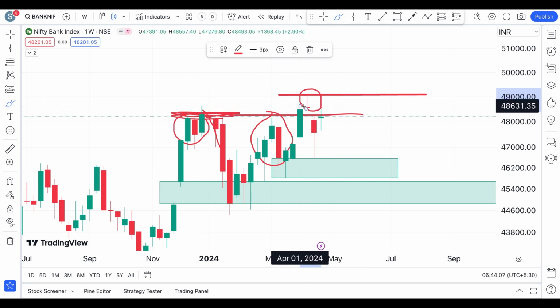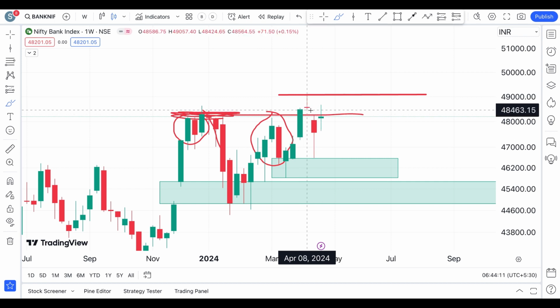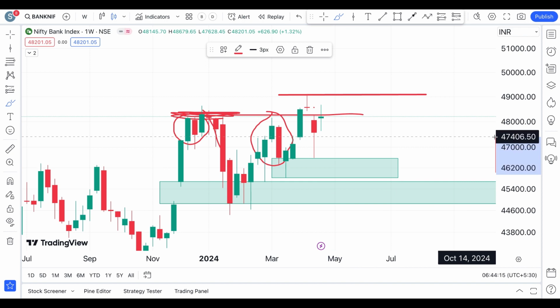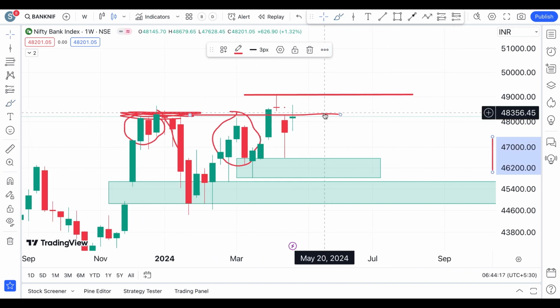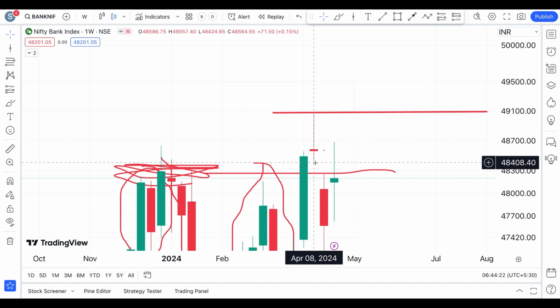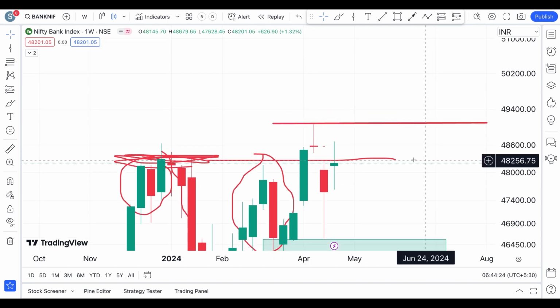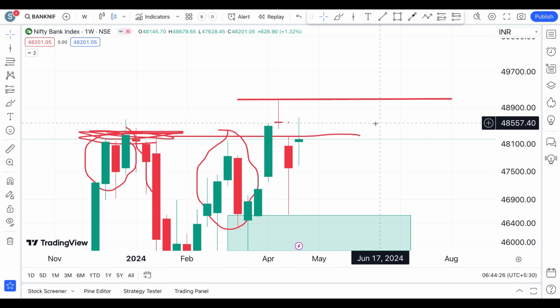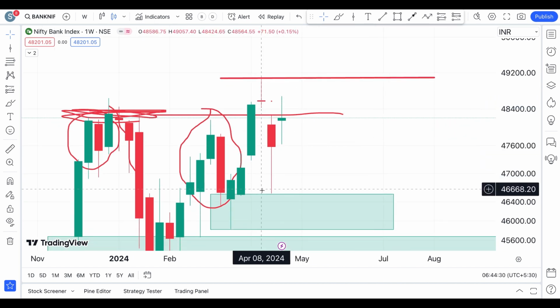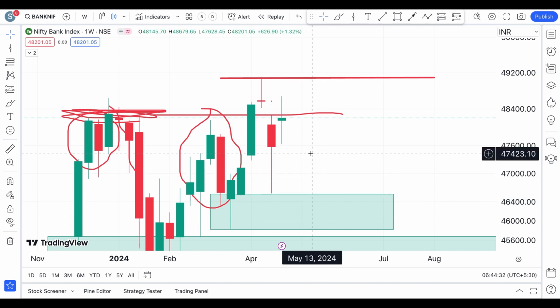Instead it gave us a candlestick pattern which is not a shooting star, because the bottom part of this wick in this Bank Nifty is a little bigger than the candle's real body. This real body is small, this wick is small, but it is close. It is a doji candle for sure, but it is close to the gravestone doji, which is a bearish sign. So that kind of bullish sign is yet to be seen in the Bank Nifty on a weekly chart.